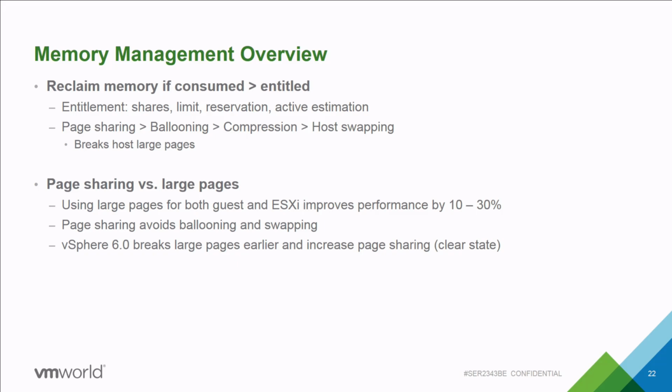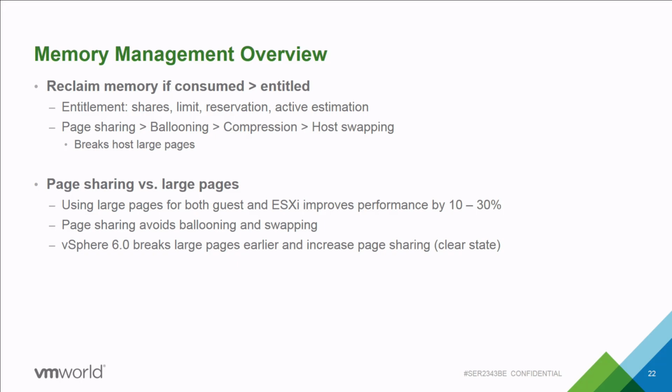We have multiple techniques to reclaim memory pages when memory overcommit happens, including page sharing, ballooning, compression, and swapping. The cost goes from lower to higher, from left to right.